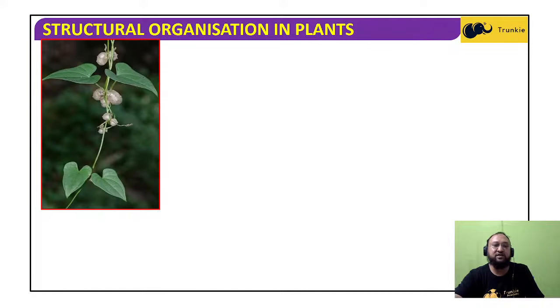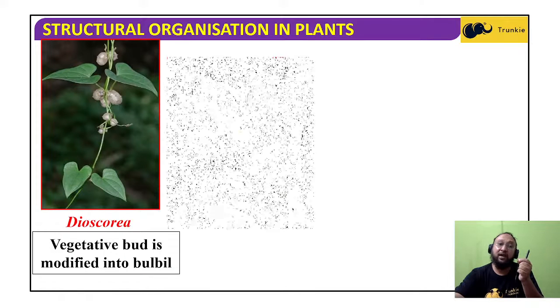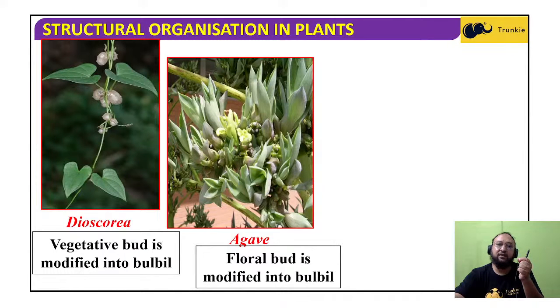Now you see the diagram here. Dioscorea is one of the best examples of the bulbil. Vegetative bud is modified into bulbil, and here you can see another example, agave, where the floral bud is modified into bulbil. When they detach and are grown on the soil, they will form a new individual plant body.